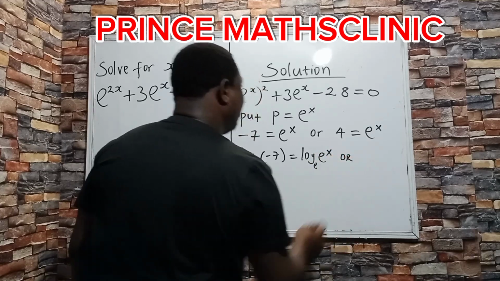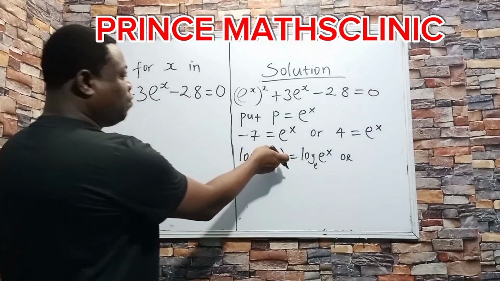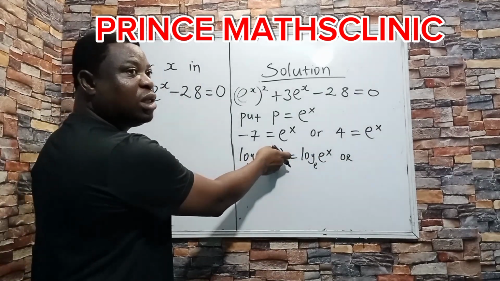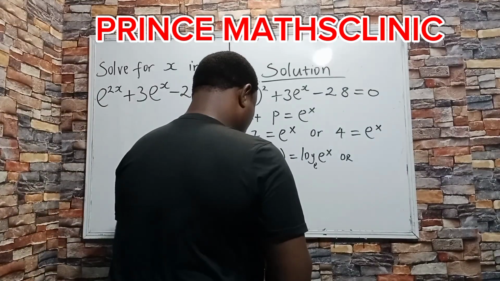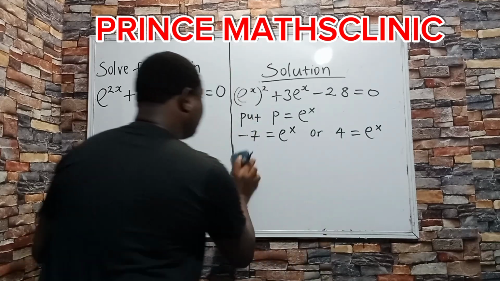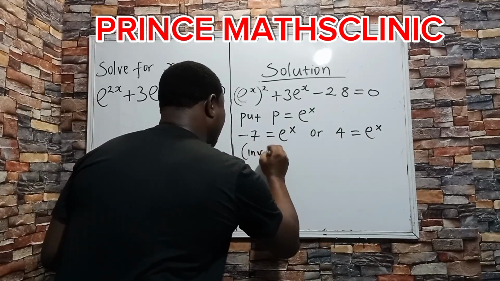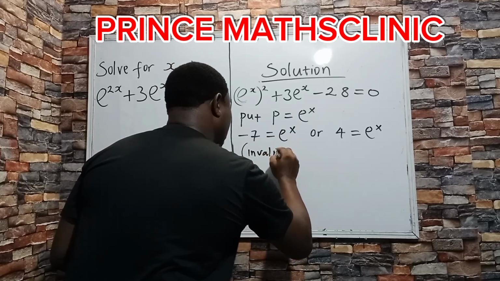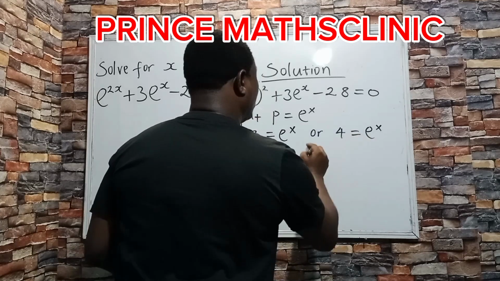Of course we know that this portion will be invalid because the natural log of a negative number is invalid.